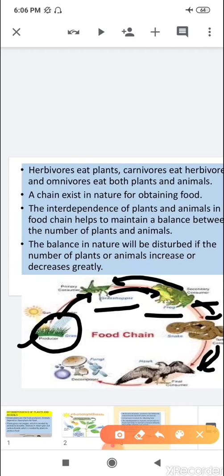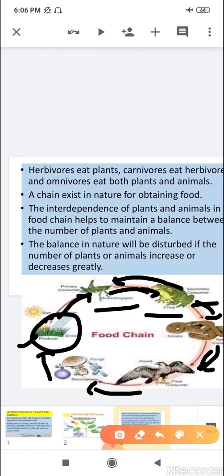When the fourth consumer dies, then the body of the animal is decomposed by the decomposers. And what are the examples of decomposers? Fungi and bacteria are examples of decomposers which decompose the dead body of animals and mix the nutrition present in the body of an animal into the soil, and this nutrition is then again taken by the plants.